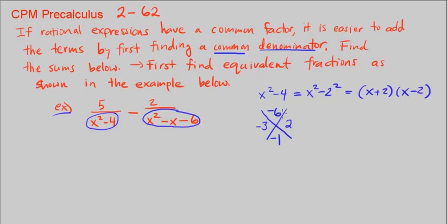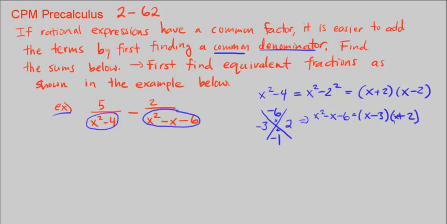These numbers multiply to get negative 6 and add to get negative 1. So x squared minus x minus 6, when we factor it, is x minus 3 times x plus 2.